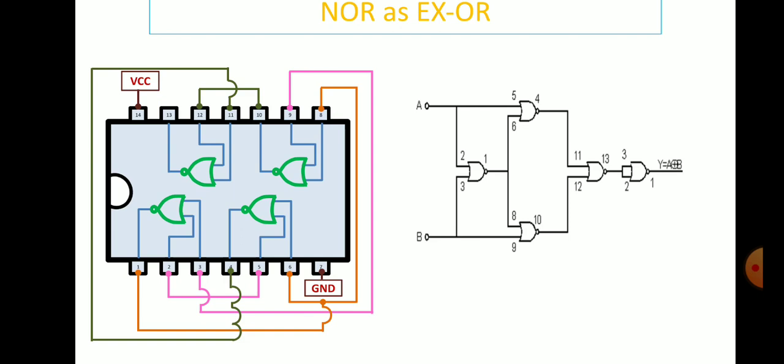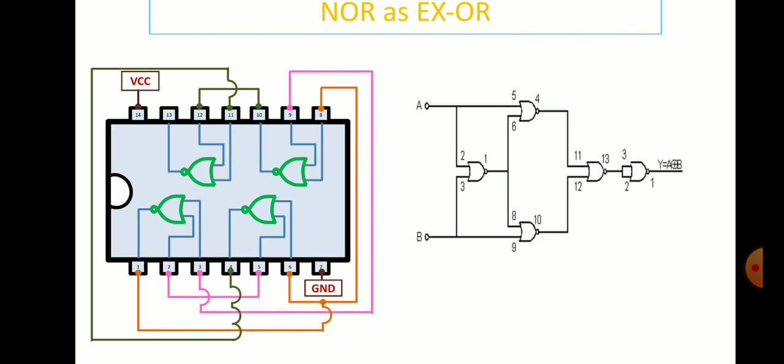Now, what we have to do? From pin number 13 we have to connect pin numbers 2 and 3, and the output has to be taken from pin number 1. Remember, on the left side the IC configuration is given. This consists of 4 gates, a single IC of 7400 or 7402.